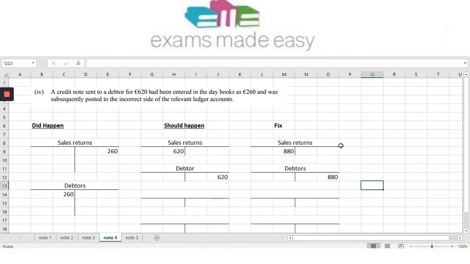Sales returns is a P&L, so it's on the debit side, so you're going to take from P&L. The debtors is a plus minus, so that's going to be take from debtors. If I highlight that, I'll show you where it goes in the accounts.